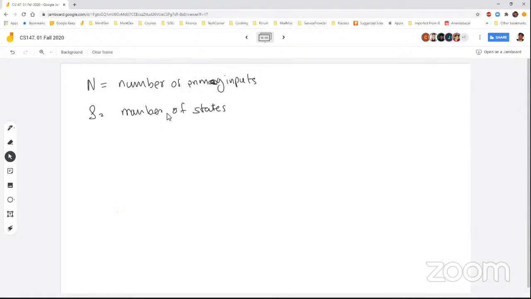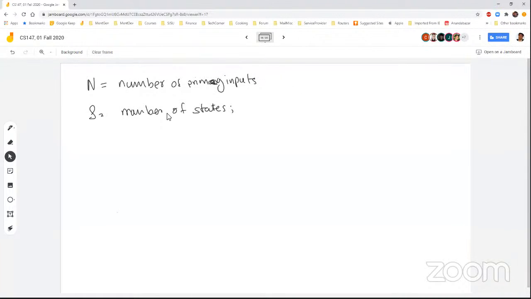Okay, let's not do the exact example, let's just do the theory.